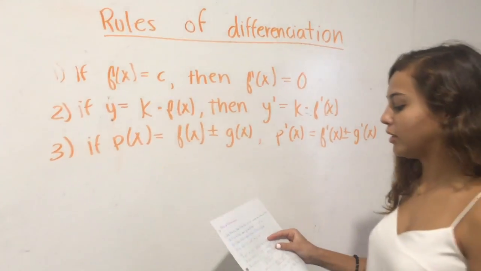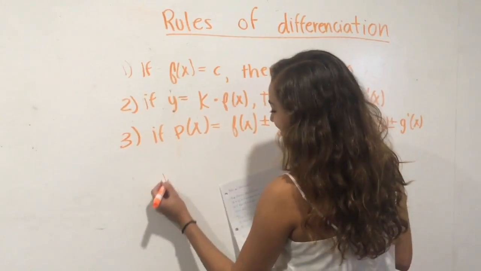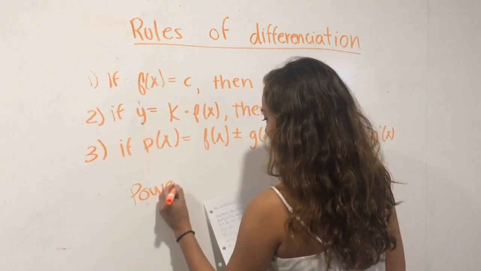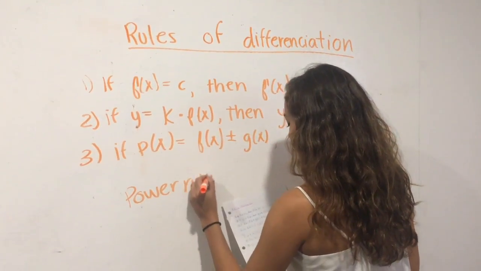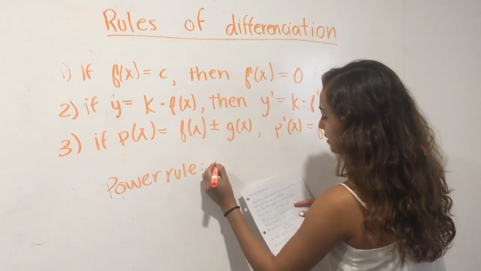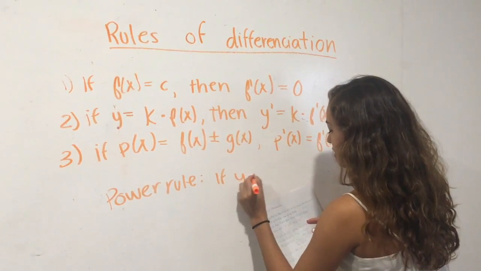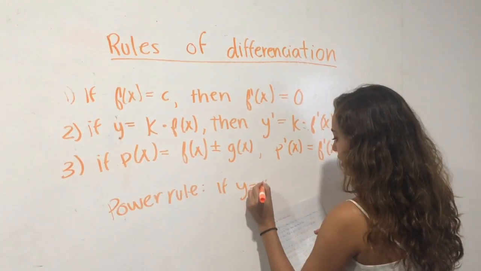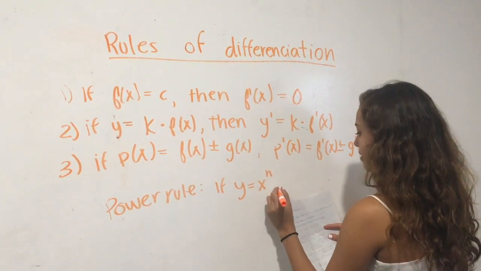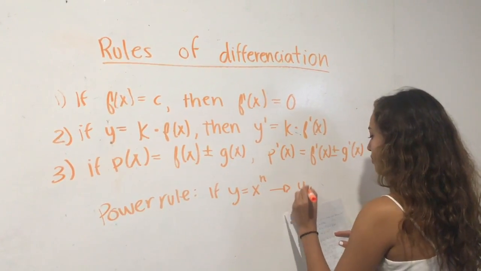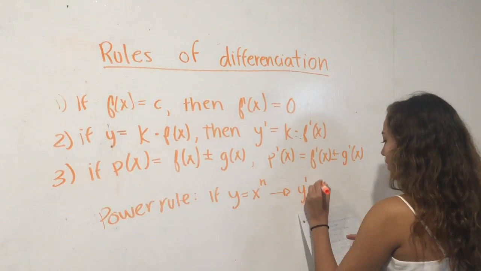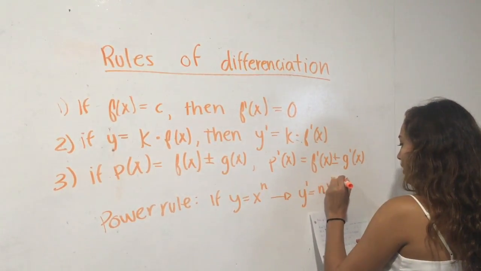And last but not least, the power rule. That says that if y equals x^n, then y prime equals n x^(n minus 1).